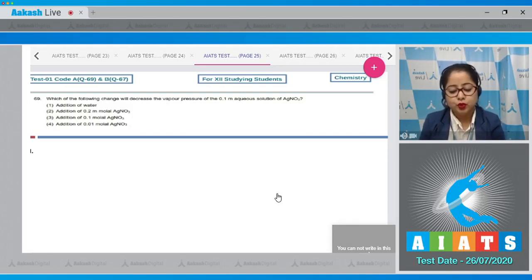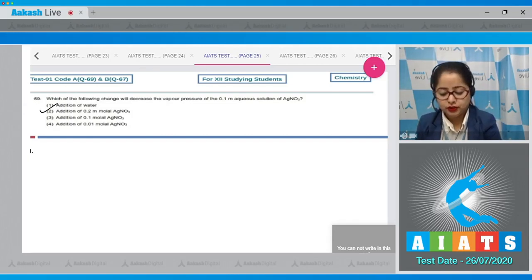Addition of 0.1 molar AgNO3. Student, here the concentration of the solute will remain the same. As a result, there will be no change in the vapor pressure. Moving to last, addition of 0.01 molar AgNO3. Students, in this case, the concentration of the solution will decrease. As a result, the vapor pressure will further increase. That means the correct answer for this question is option number 2.